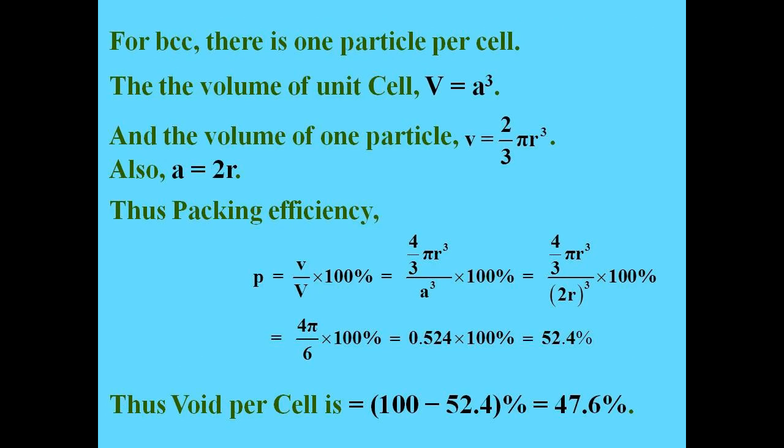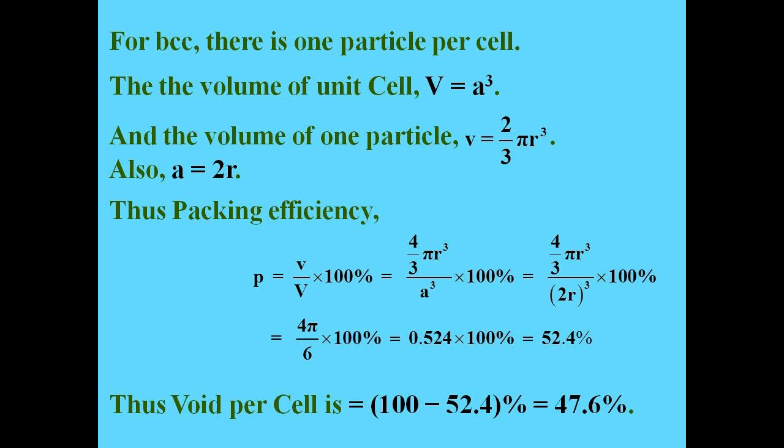For PC, there is one particle per cell. Here the total volume of the cell V = a³. The volume of the particle v = 4/3 πr³. Also a = 2r.